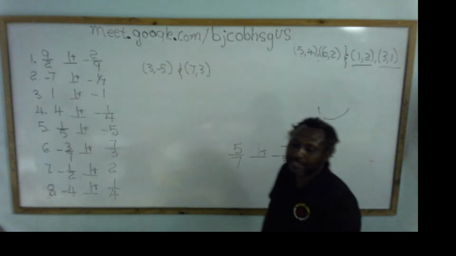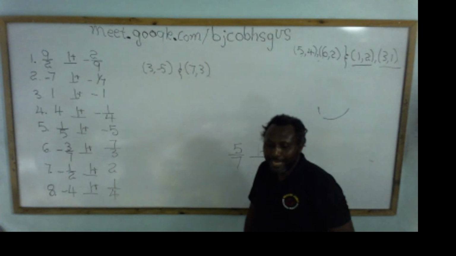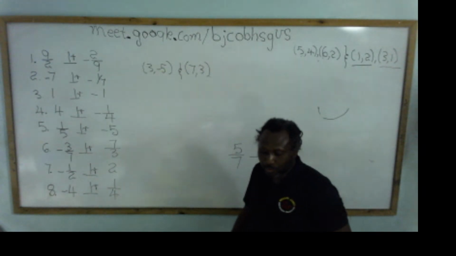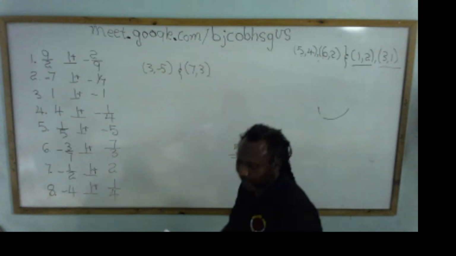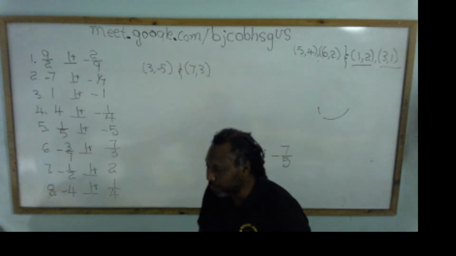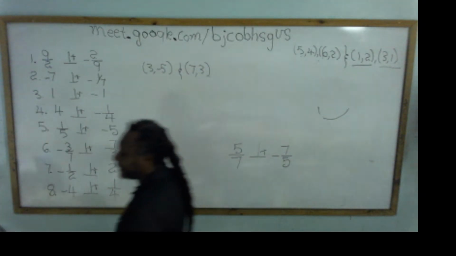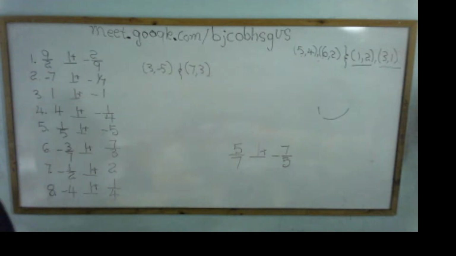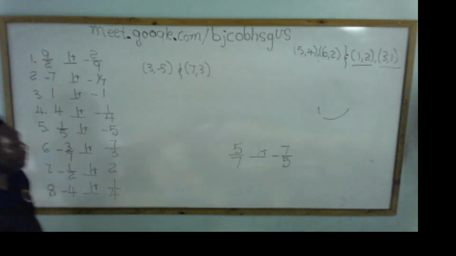So that's the first part. Find the equation of the line that passes through those 2 points. And of course, you know what to do first. The first thing that you'll do is find the gradient. Right, so let's go.